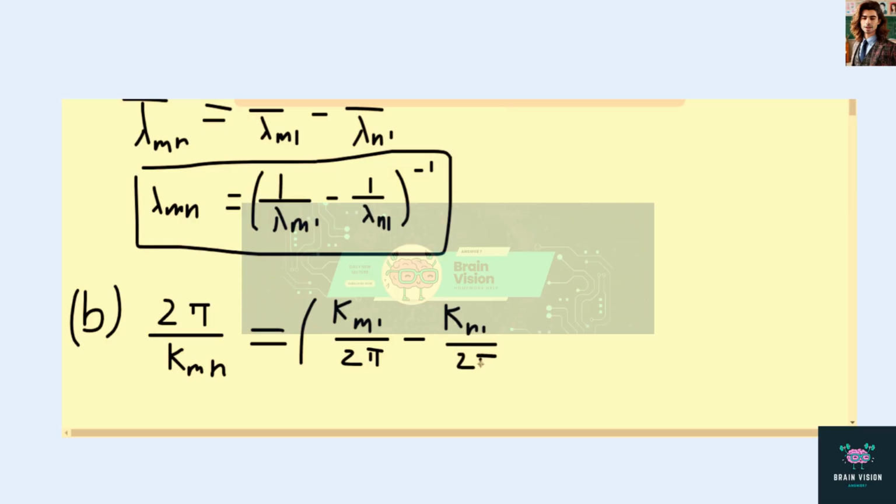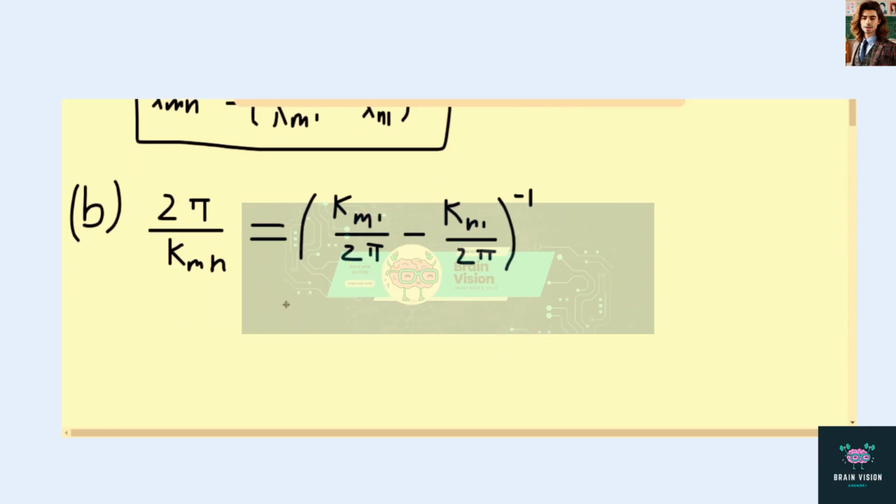Now this time we want to solve for kmn, so we once again need to raise both sides to the -1. Doing that cancels the -1 on the right side, and it inverts what's on the left. So what we have here is kmn over 2 pi is equal to, the -1 is canceled in this case.